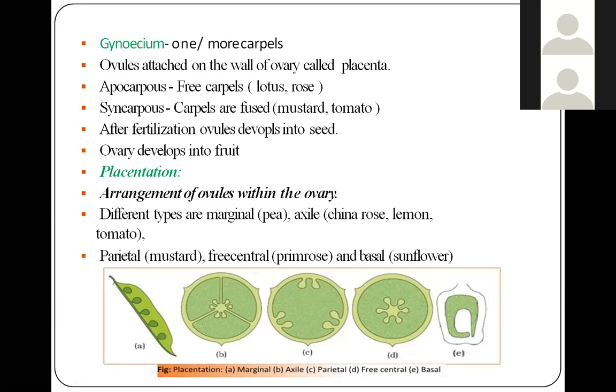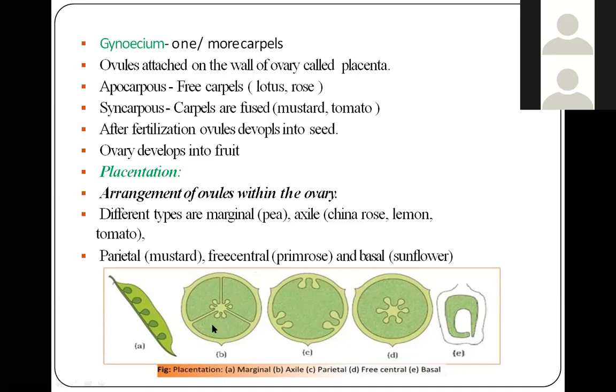This particular margin is there, and from this margin the ovules are born. As this margin is responsible for bearing the ovules, for this reason that type is said to be the marginal type of placentation.